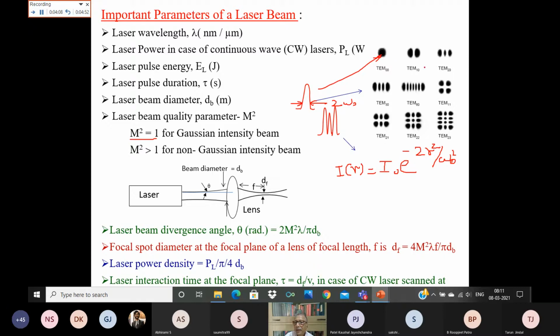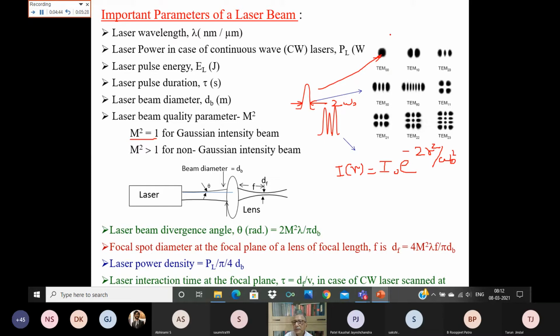In practical lasers, when you have a higher power beam, instead of this very well-defined Gaussian intensity distribution, sometimes you get a combination of different modes. These are known as transverse electromagnetic modes, defined by suffixes m and n.